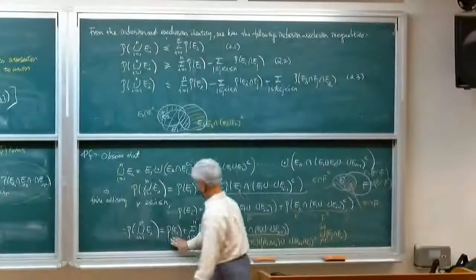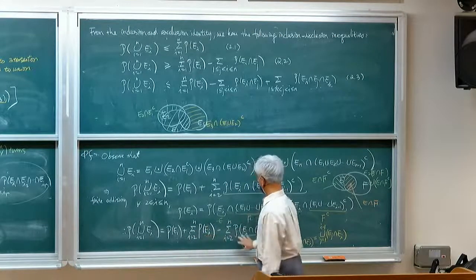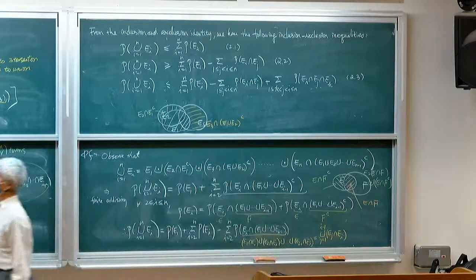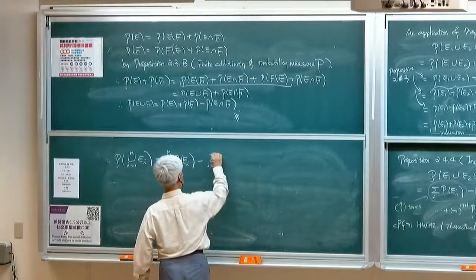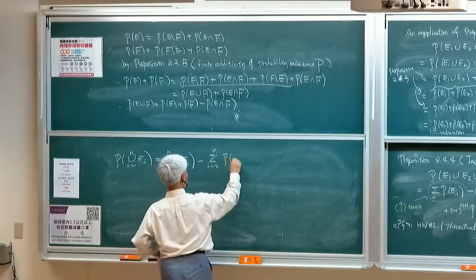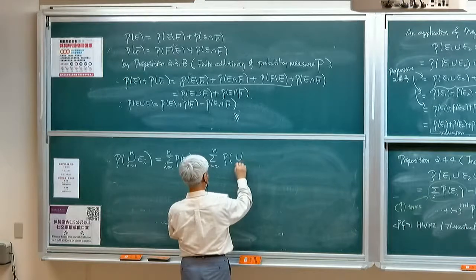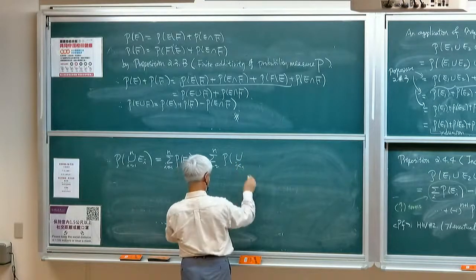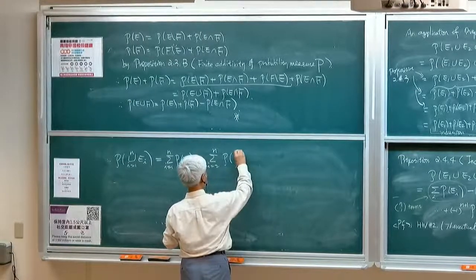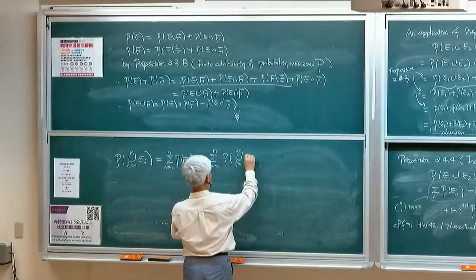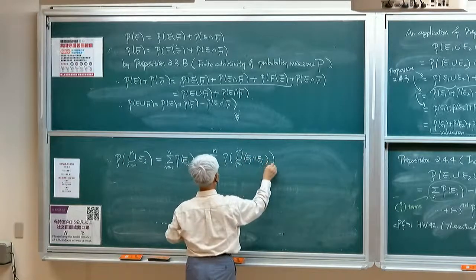So P(E1) is included in this sum, so we start i from 1 here, and minus this term, i from 2 to n, probability of the union over j from 1 to i minus 1 of Ej intersection Ei.